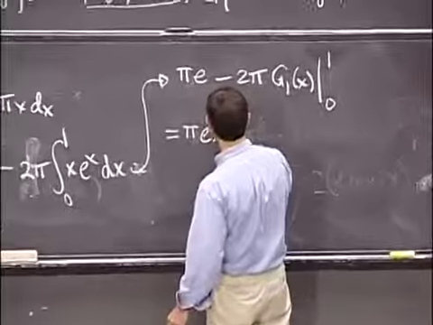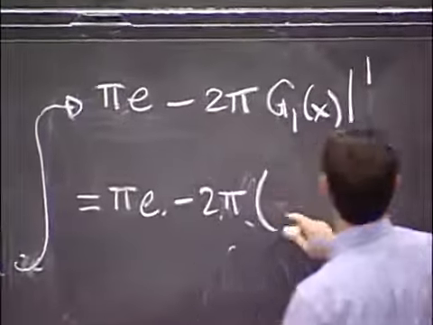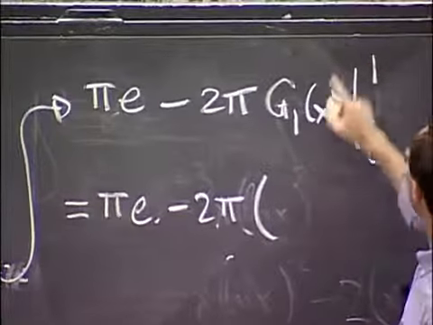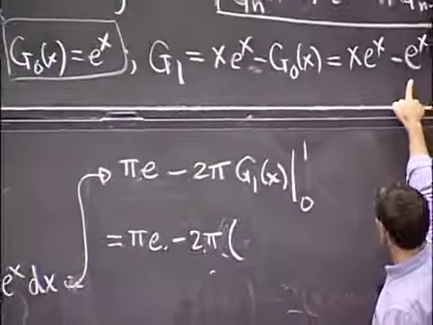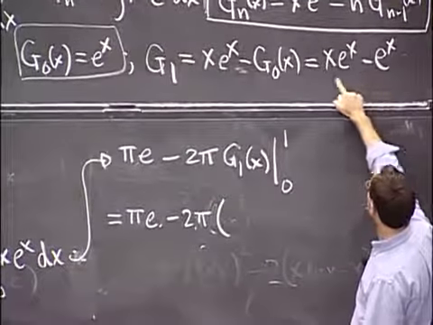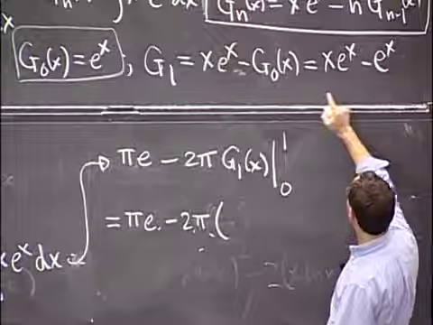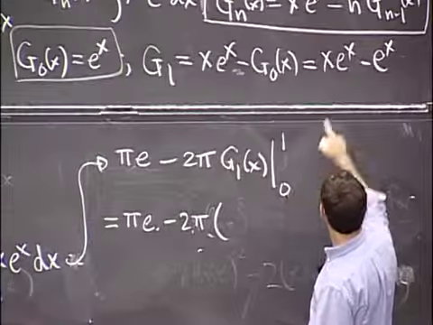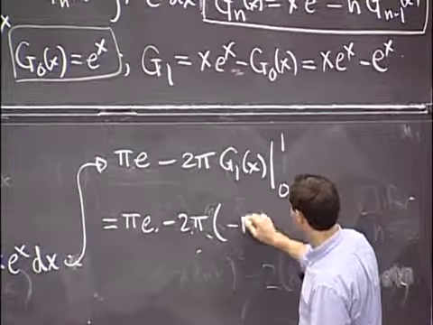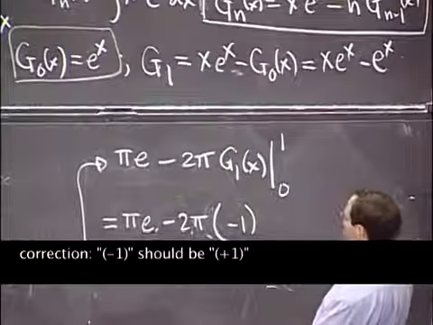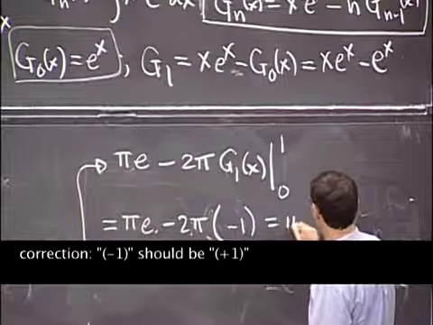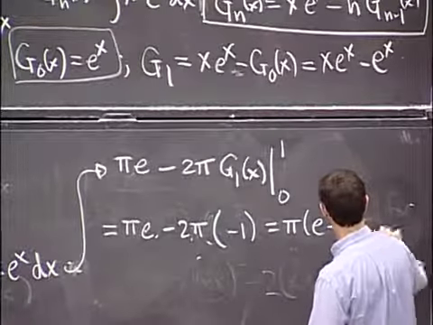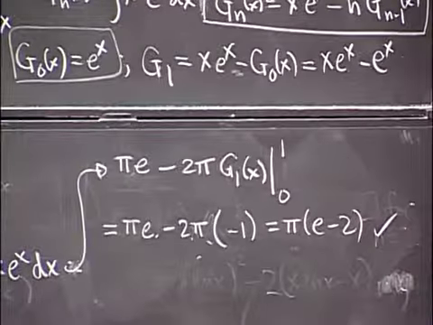It's pi e minus 2 pi times, here's G1, so it's x e to the x minus e to the x. So at x equals 1, that cancels. But at the bottom end, it's e to the 0, so it's minus 1 here. All right? Is that right? Yep. So it's pi e minus 2. It's the same.